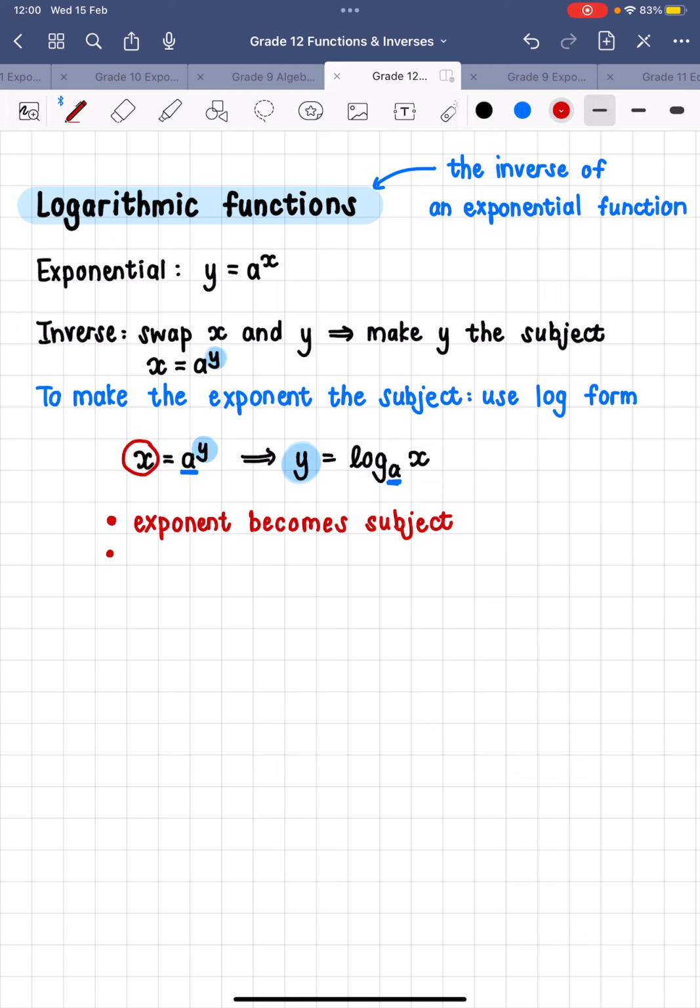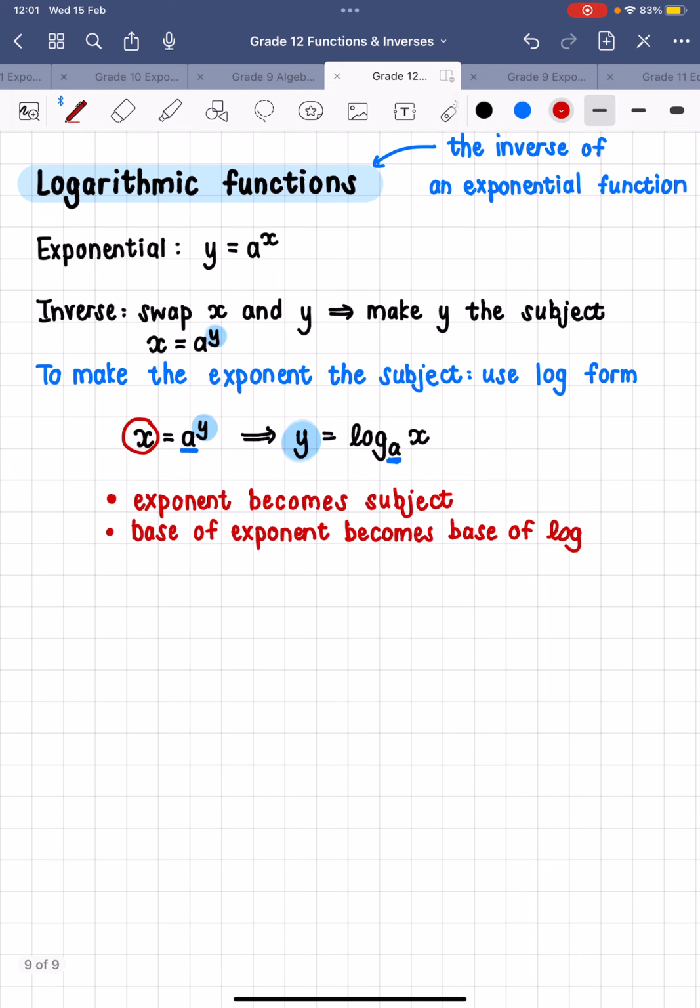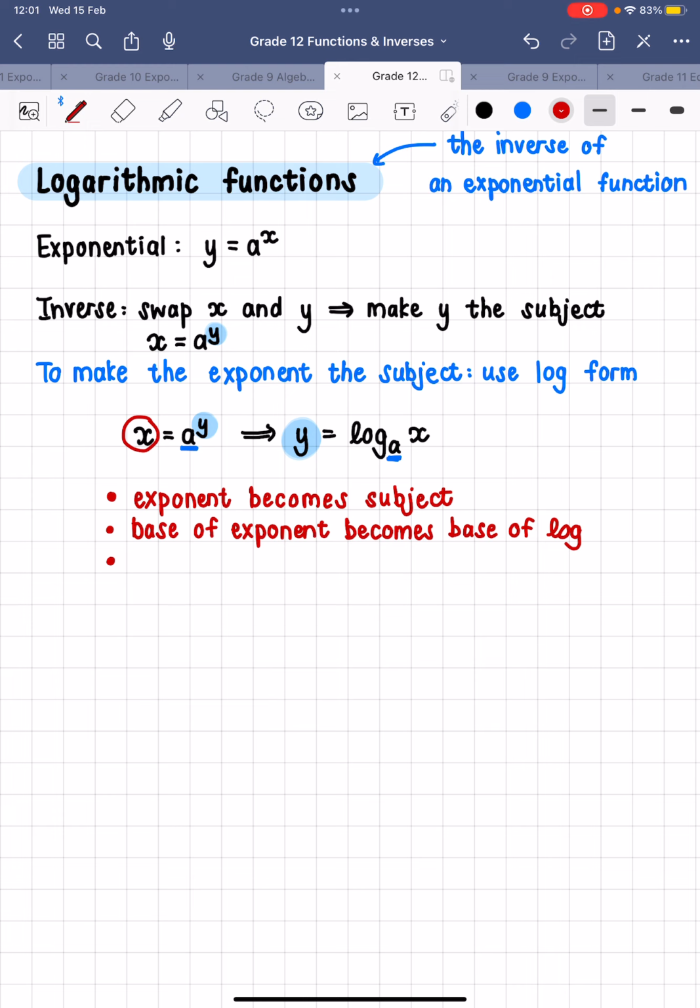The next step is the base of the exponent becomes the base of the log. The base of our exponent was a, so the base of the log also becomes a. And then the last step is just to write x next to log base a.